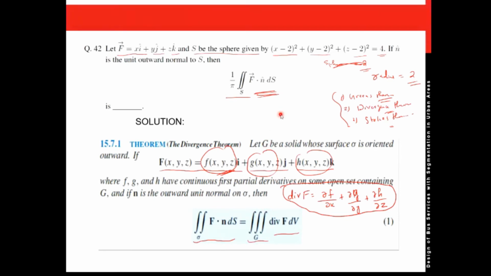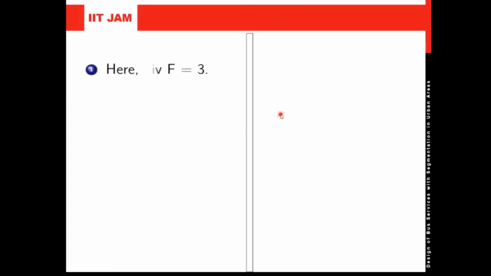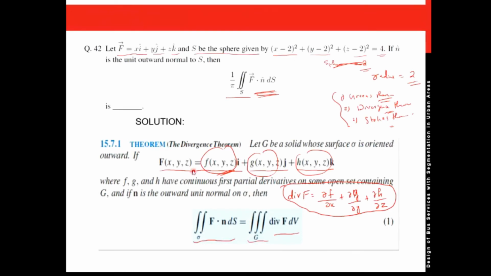Now what we will do is solve this problem by using the divergence theorem. So this is actually equal to 1 by pi, by using the divergence theorem, the integral over G of div F dV.